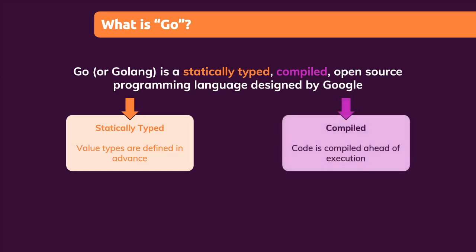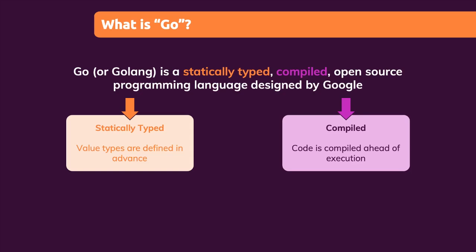Now, compiled means that all your code that you write is compiled, so converted, you could say, into machine code before it executes. And that's also not something that necessarily happens in every programming language, because there are other languages like JavaScript again, which are actually not compiled ahead of time, but which instead are converted into machine code right when they are being executed.